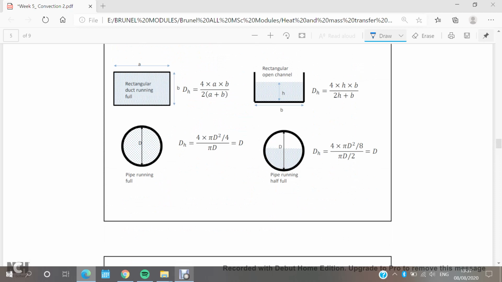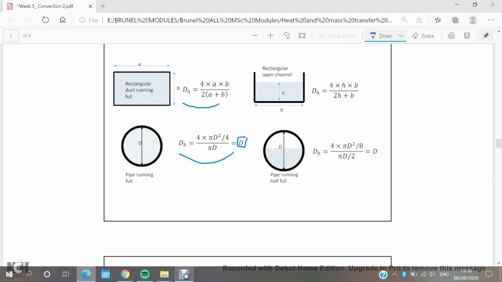Hydraulic diameter is a function of the cross-section area of the geometry and the wetted perimeter. If I have, for example, a rectangular cross-section duct, I can calculate the hydraulic diameter from this equation, and if I have a circular cross-section duct, the hydraulic diameter will be equal to the diameter of this pipe.